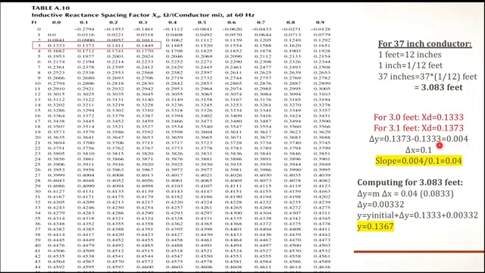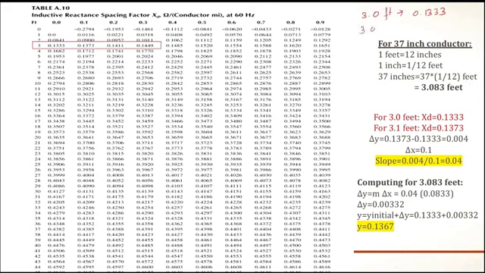So we can compute the slope. Slope will be delta Y over delta X, that will be 0.04. So now we can use this slope in order to determine the value for the unknown spacing. So this is the unknown spacing. Now we can use this equation, that is y is equal to y initial plus delta y. So we know the value for 3.0 feet, which is 0.1333.